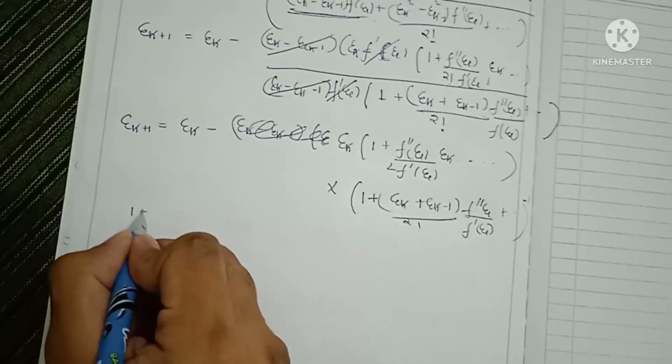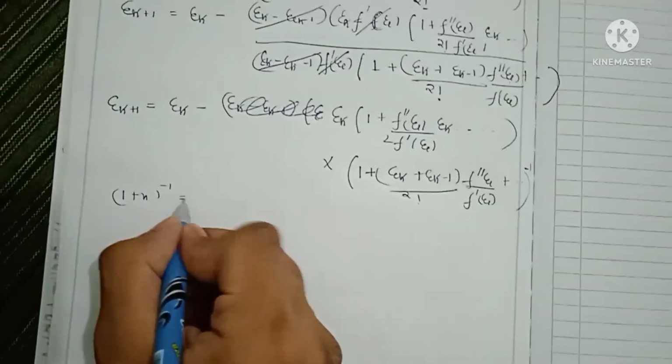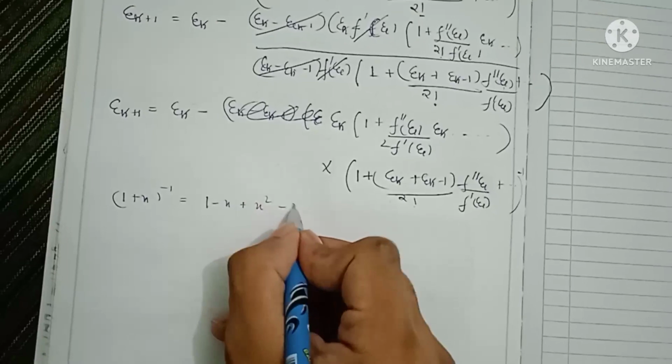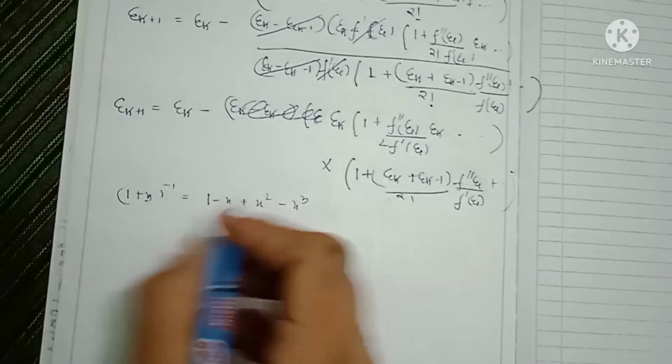Now (1 plus x) to the power minus 1 is equal to 1 minus x plus x square minus x cube, if x is smaller than 1.